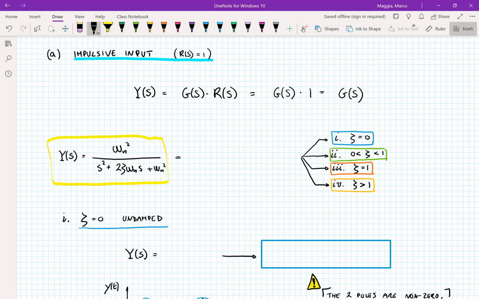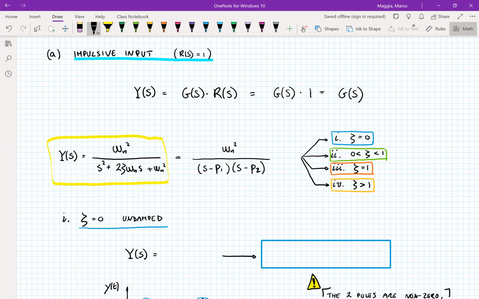The first thing being, we need to factorize the denominator into its two poles. And what are the poles? Well, we've just computed them a few minutes earlier.